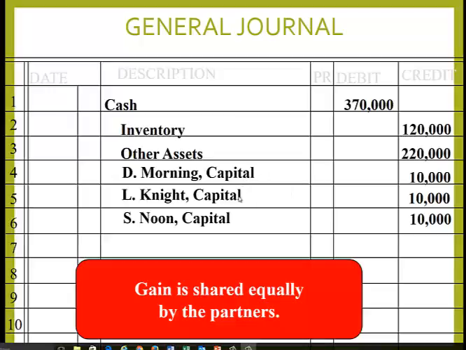There were three partners in that partnership, and gains and losses will be shared equally. So if we take the $30,000 and divide it by the three partners, each one will have a credit of $10,000 added to their accounts.